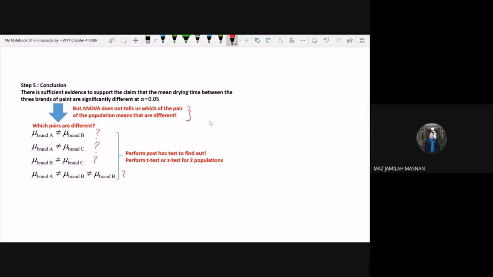But what do we need to do if we wish to find out which pair is different? Then we need to perform our post-hoc test. If you go back to chapter 3, we talked about hypothesis testing for two populations.